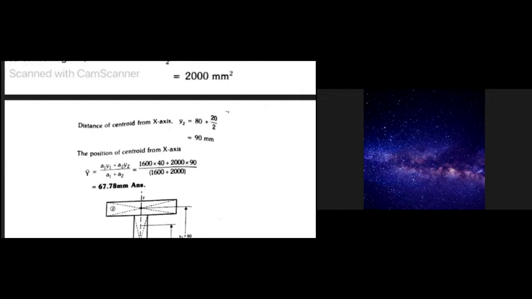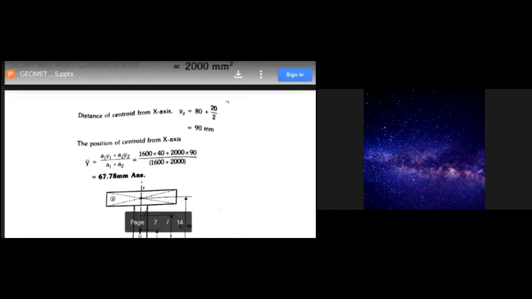The position of the centroid of the composite section, that is the T section, from the x-axis: y bar equals a1 y1 plus a2 y2 by a1 plus a2.